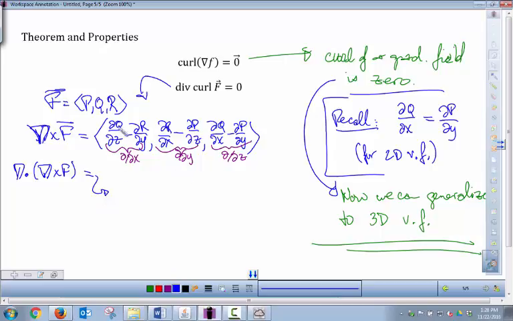So a little bit more room here. The derivative of this thing with respect to x, how am I going to write this?